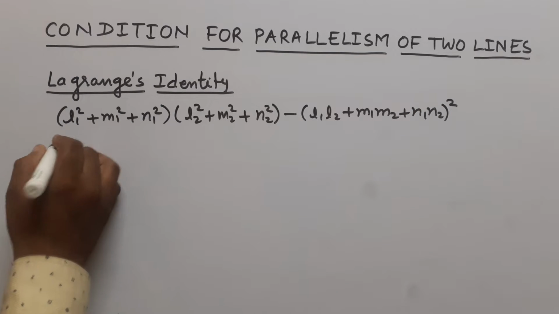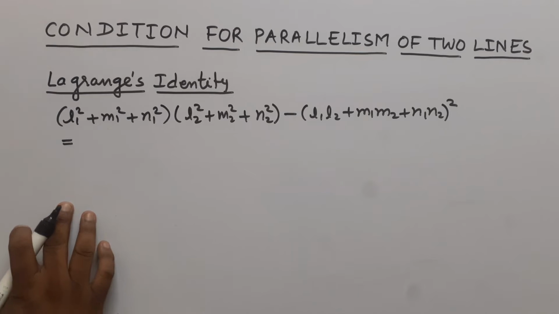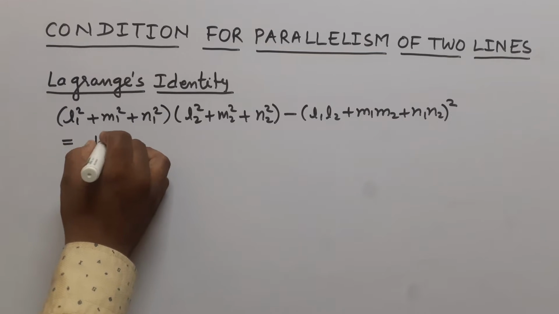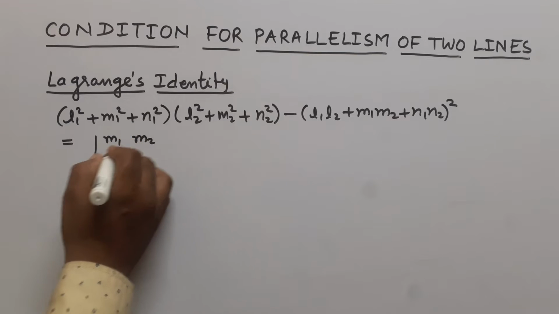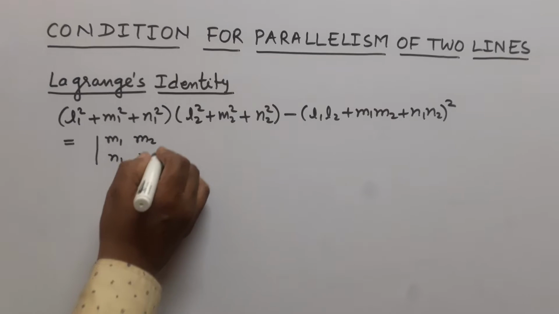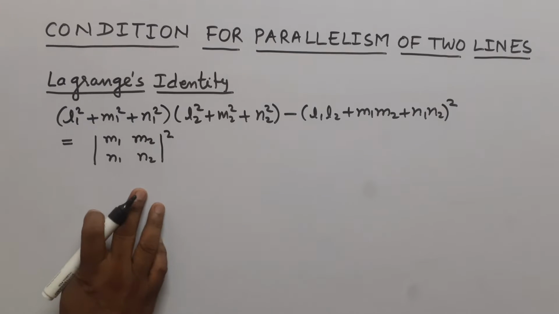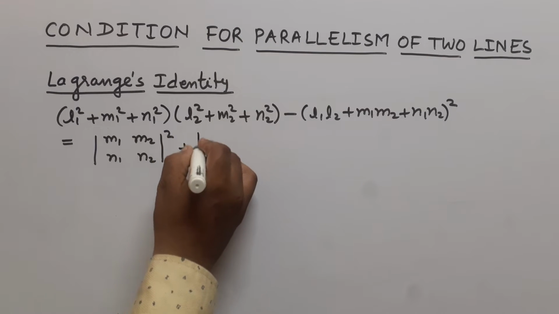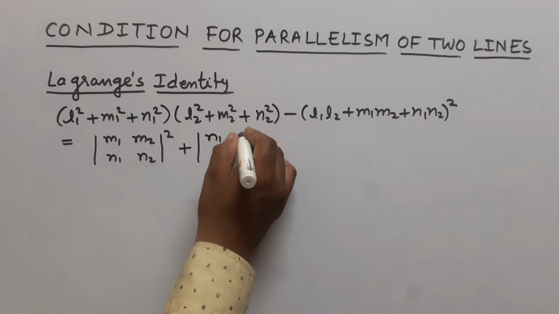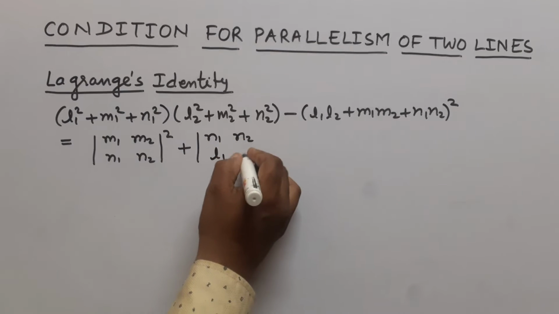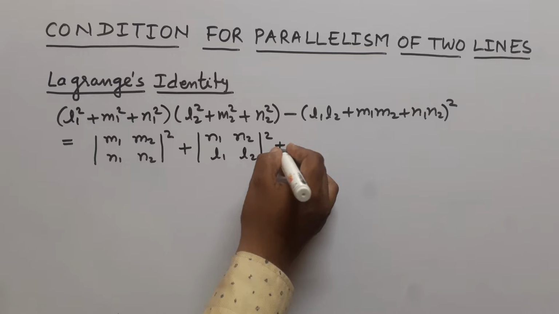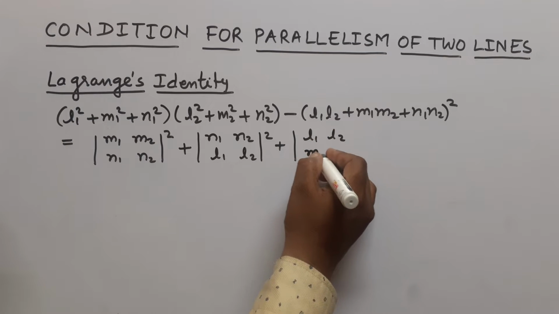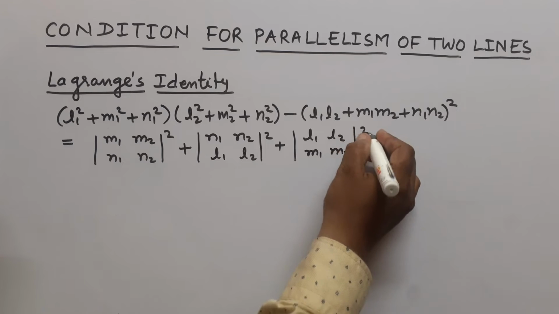This is equal to the square of the determinant of M1 N1, M2 N2, plus the square of the determinant of N1 L1, N2 L2, plus the square of the determinant of L1 M1, L2 M2.